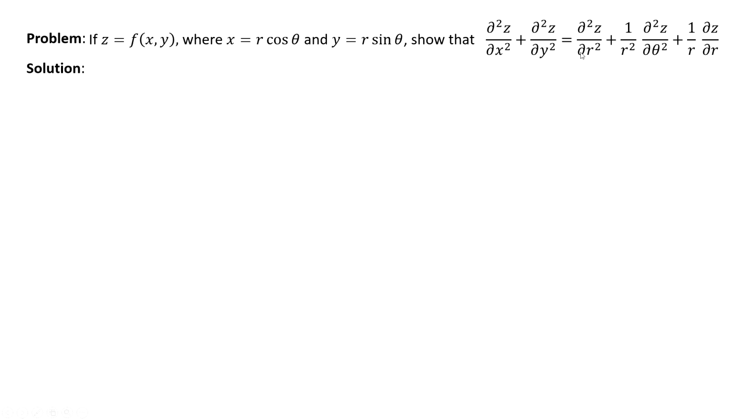Now, does it look like this one is much harder than the x and y version? Yeah, it is. So what's the advantage? The advantage is that the boundary conditions would be much simpler when you express them in polar coordinates for something that has radial symmetry.